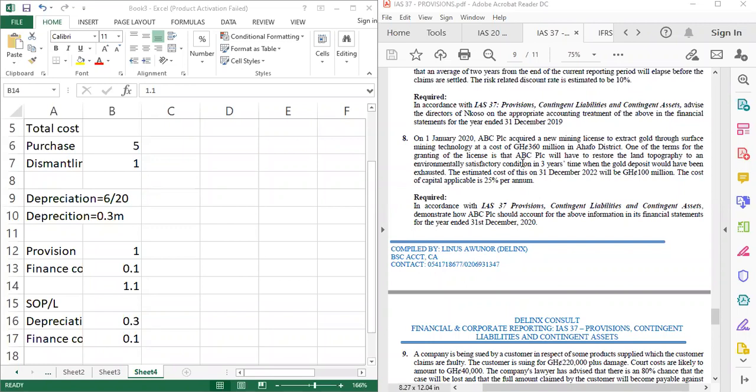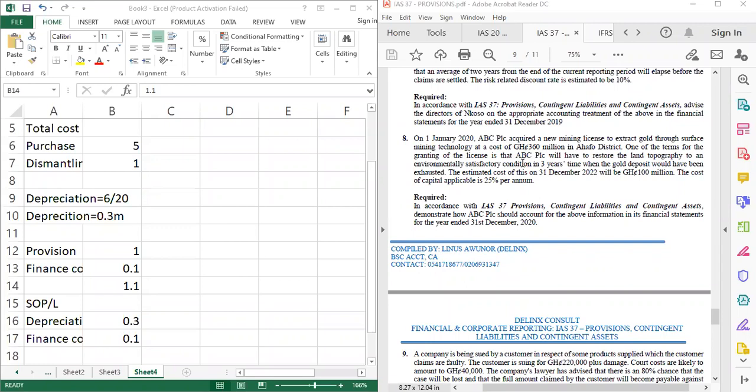One of the terms for the grant is that ABC PLC has to restore the land topography to an environmental standard when the gold deposit would have been exhausted. The estimated cost of capital applicable is 25%.